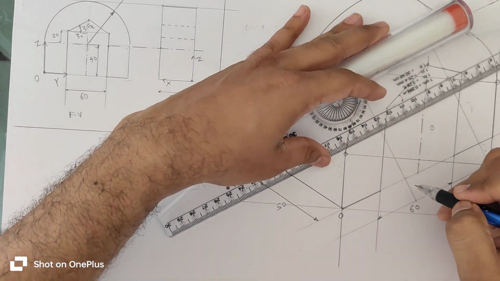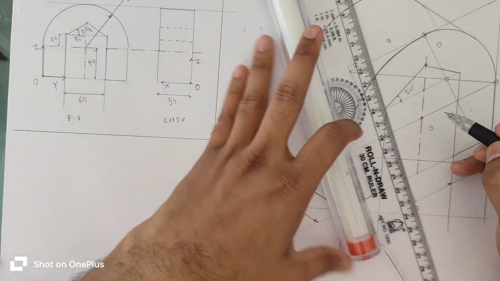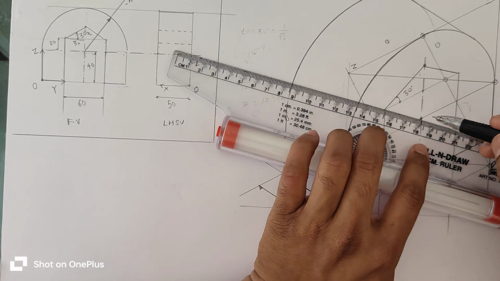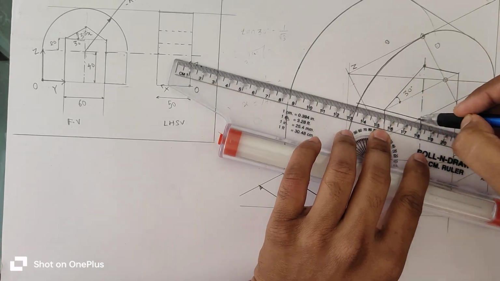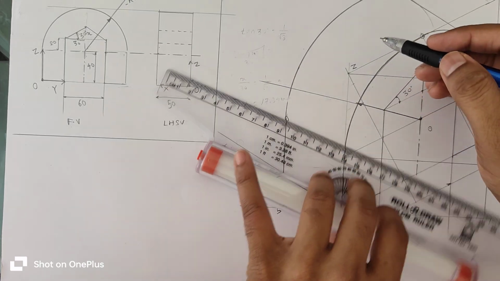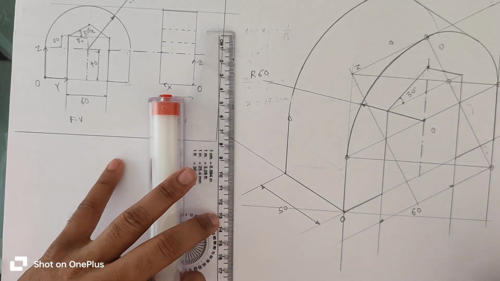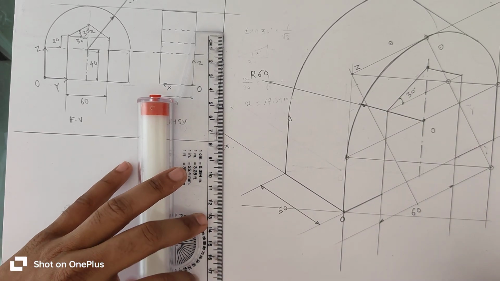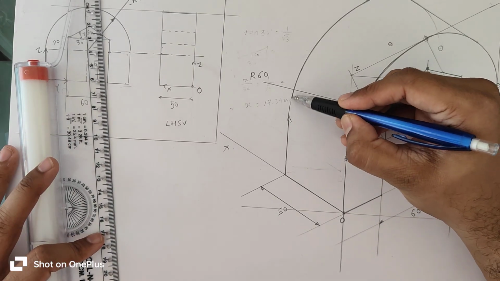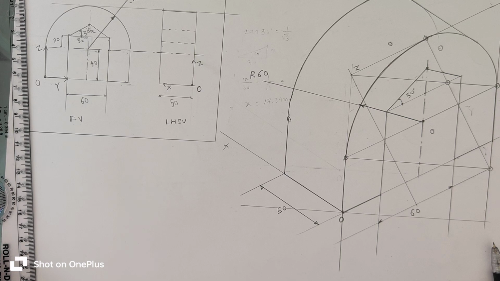Then the center point of semicircle is here. This is center point. From center point draw radius. Draw arc. Extend this line. R is equal to 60. So this is our final diagram.